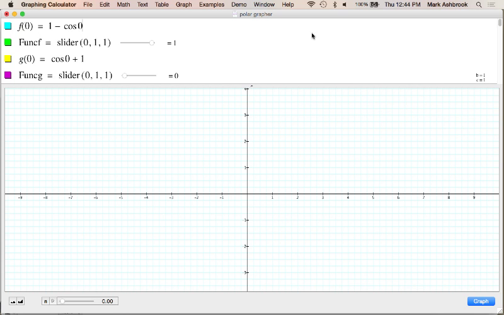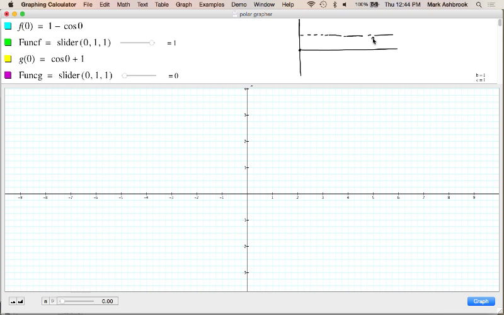Okay, hopefully we got this graph by now. Where does it start? At 0? And then? So where's the midline? 1. Yeah, the midline's at 1. And what's the max? The max is 2.